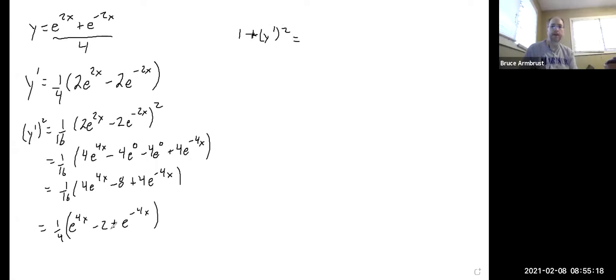So we're going to add 1 to this. Well, that's 1/4 times e to the 4x minus 1/2 plus 1/4 e to the minus 4x plus 1. I just distributed the 1/4. So now when I add 1, the 1 and the minus 1/2 become a plus 1/2.